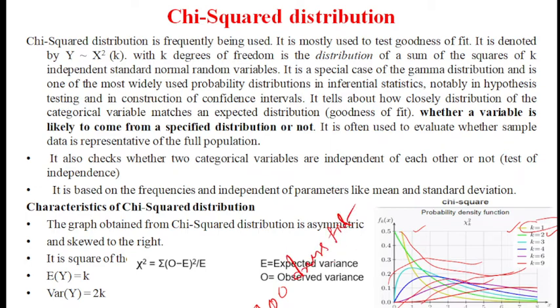It tells how closely the distribution of the categorical variable matches an expected distribution. It depends on the expected values and observed values.